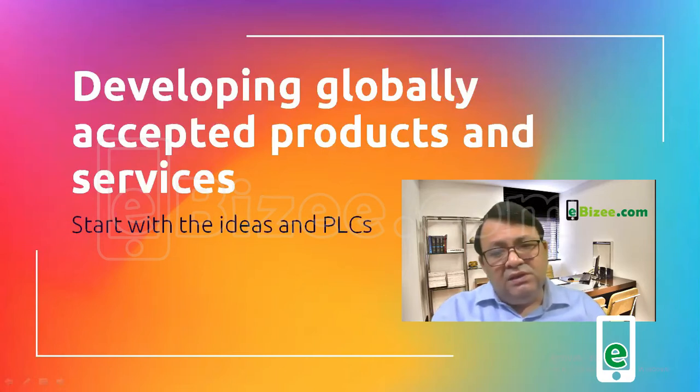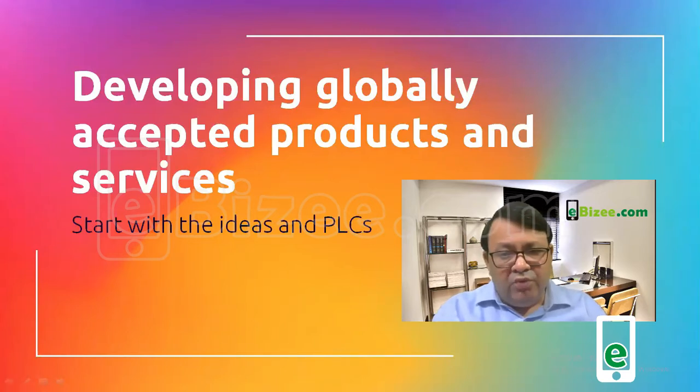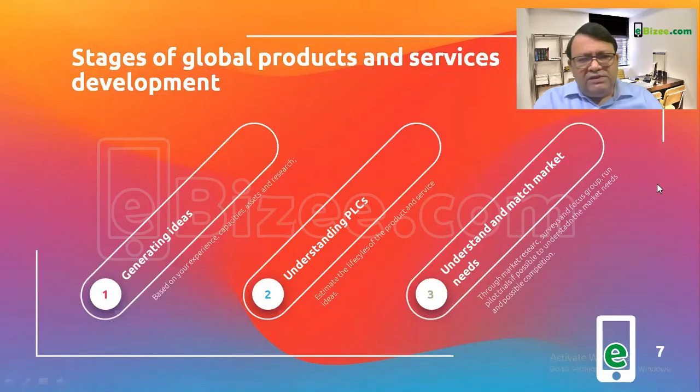So that is the starting point of creating any globally accepted products or services, that you have been able to generate good ideas of international products, and you understand the various stages of product life cycle of that product or service.